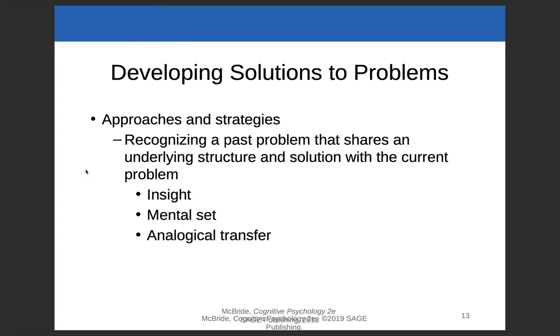A mental set is a tendency to use the same set of solutions to solve similar problems. So you're kind of stuck, right? You've got this set of solutions that's worked for you in the past, and you're just trying to solve problems that are similar. A good example of this is students that come from high school into university. You're stuck.